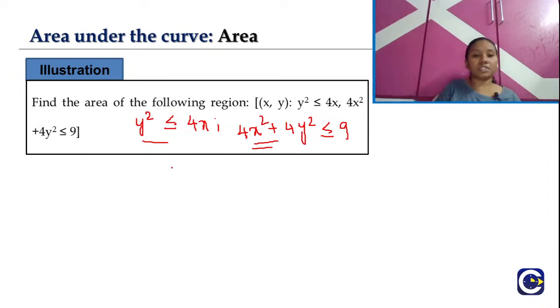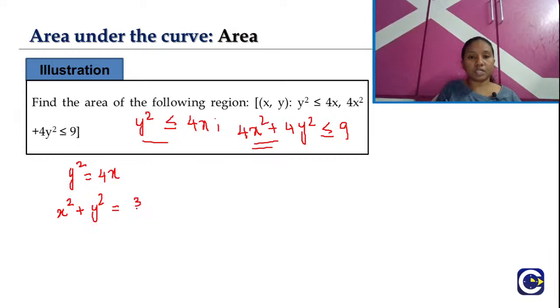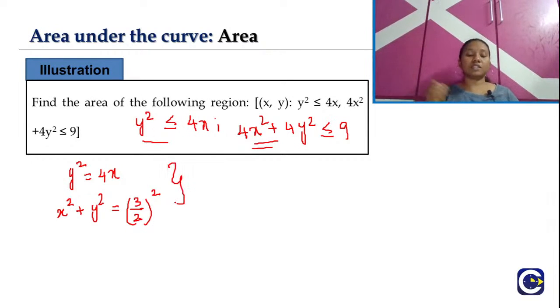Without the inequalities, you can first consider them as y square equal to 4x, and here I am just simplifying it: x square plus y square equal to 9 by 4 can be written as x square plus y square equal to (3 by 2) whole square. So you can consider the given two curves in this format, as equalities without the inequality. Then we can plot the graph and get the sketch easily.